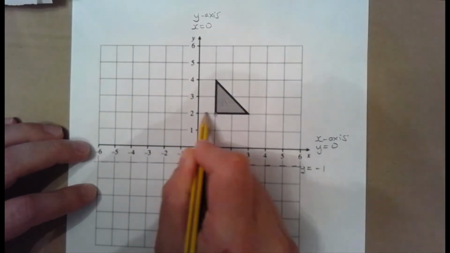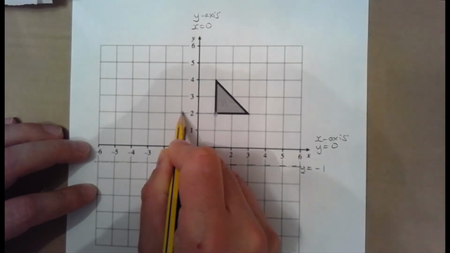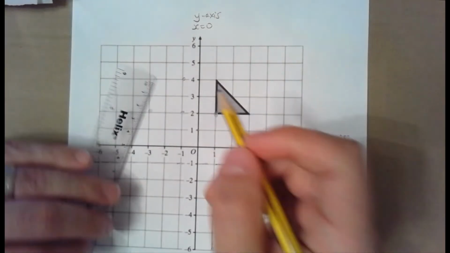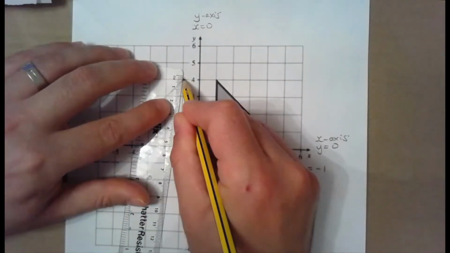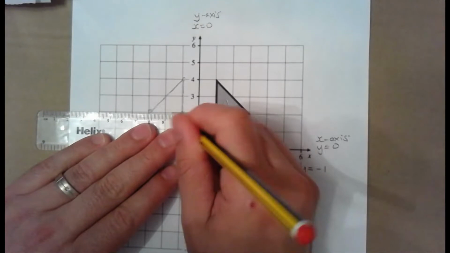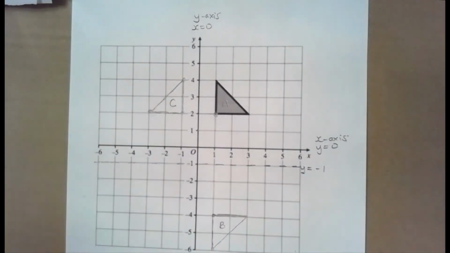If you take a corner, it's 1 away, so it should go here. Label this triangle C.